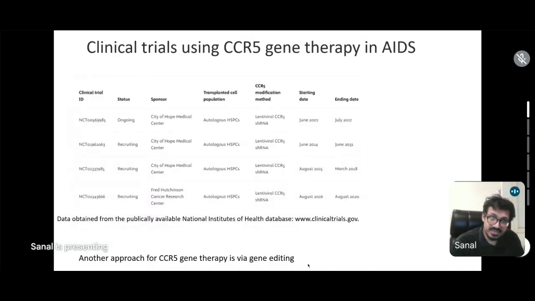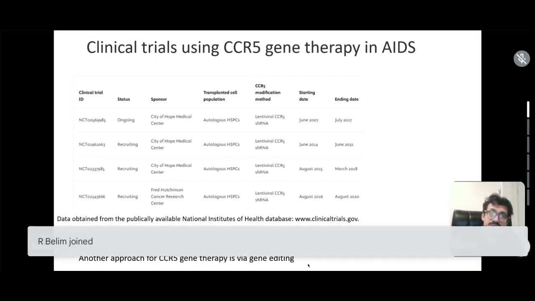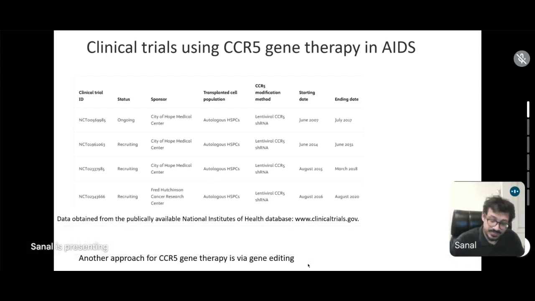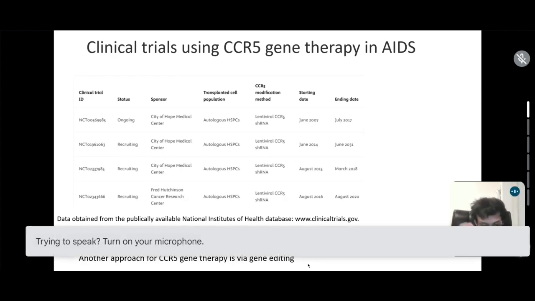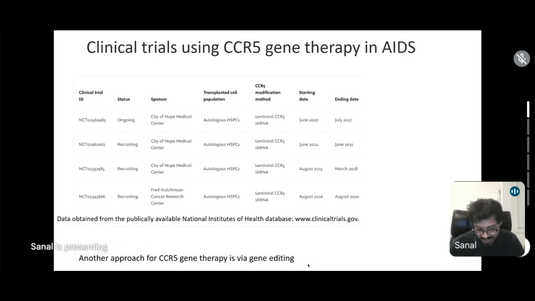It can be done in multiple ways. One way is to use a lentivirus expressing short hairpin RNA against CCR5. You perhaps know what RNA interference is. There are certain RNAs which are complementary to the messenger RNA.